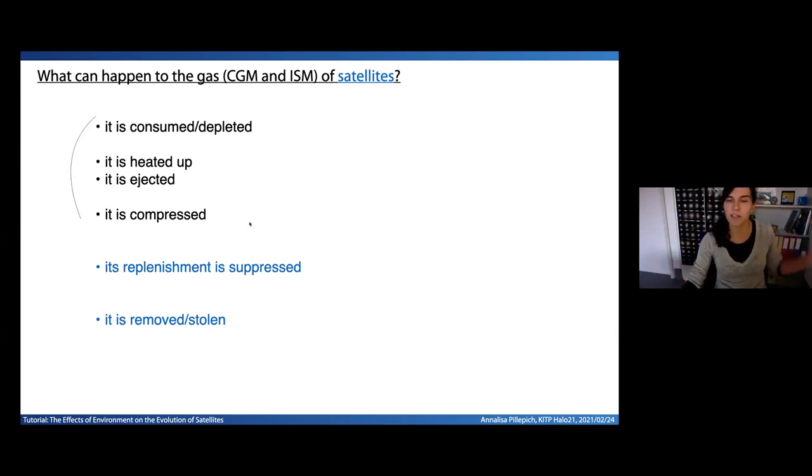The first four happen in centrals or field galaxies; I use centrals and field as synonymous. And they are due, to zero order, to internal processes. But the suppression of replenishment of gas is typical of satellites, and the removal is also just typical of satellites.